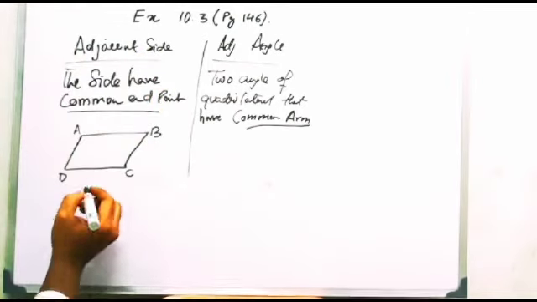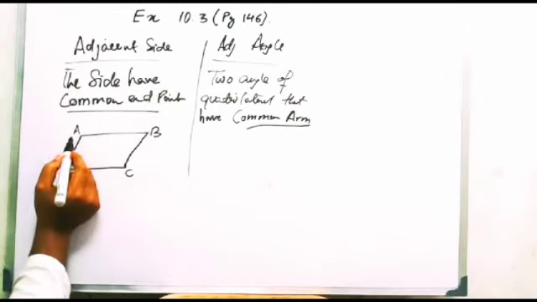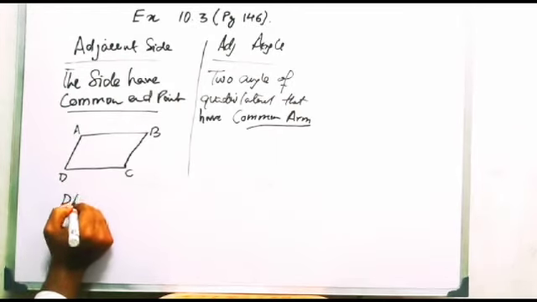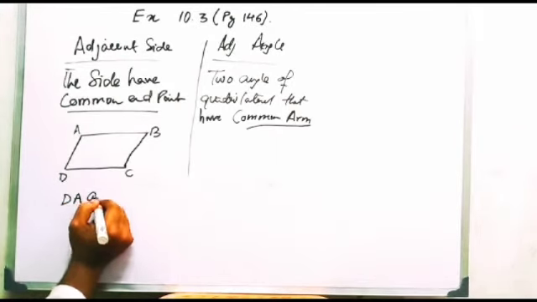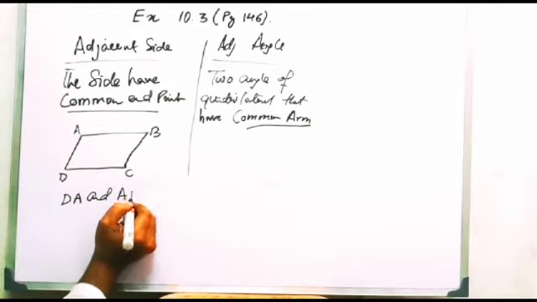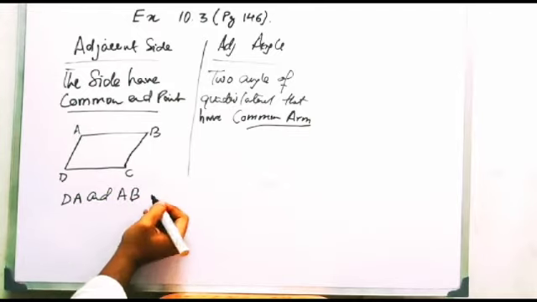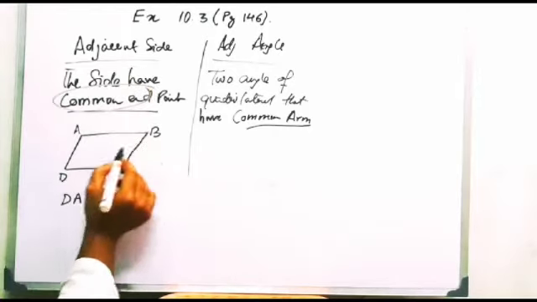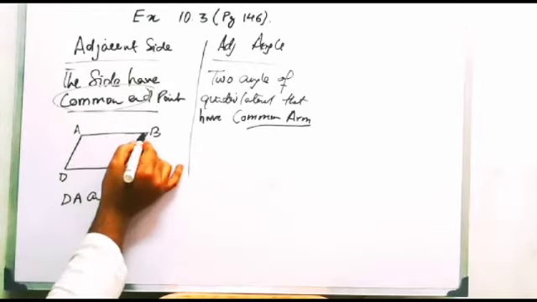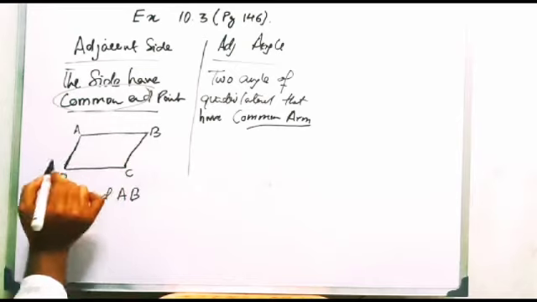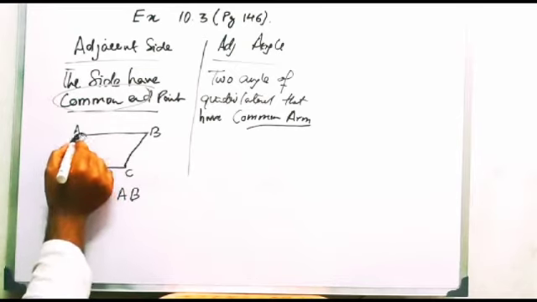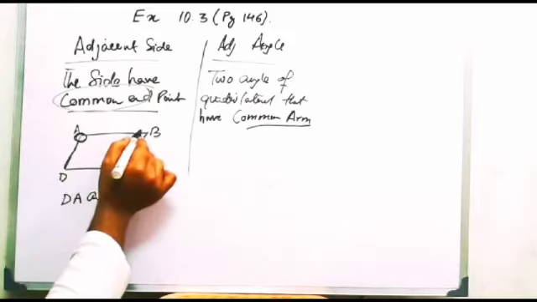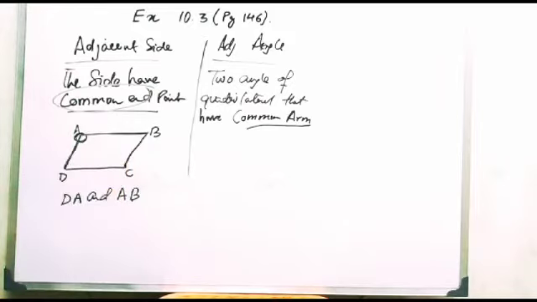So here DA, okay, DA and AB have common endpoint. I have told you before. Look, AB, this is a line, and DC, this is a line. So here is a common endpoint. So these sides are adjacent side.